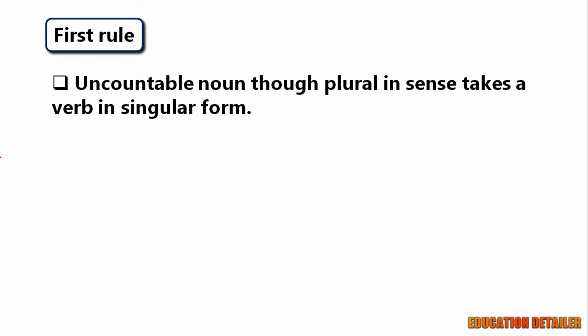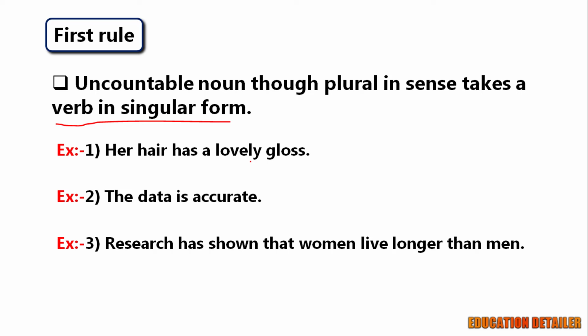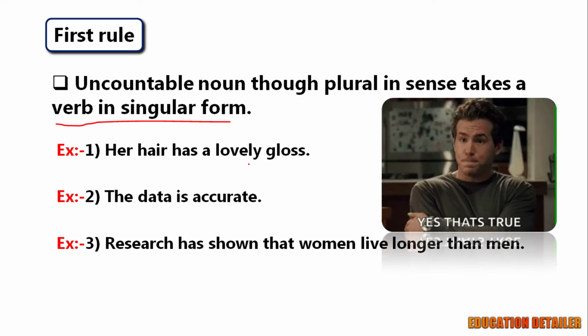First rule. An uncountable noun, though plural in sense, takes a verb in singular form. Remember that. Her hair has a lovely gloss. The data is accurate. Research has shown women live longer than men.